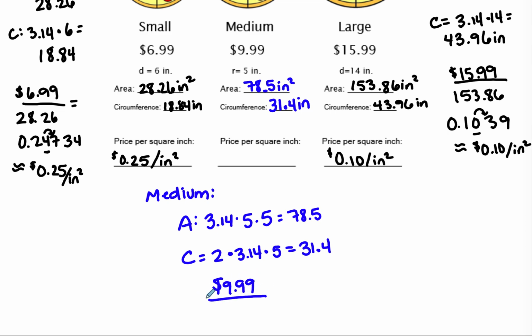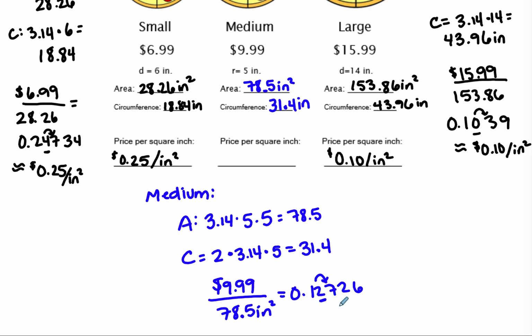Price per square inch: $9.99 divided by 78.5 inches squared. We get 0.12726. Let's round to the nearest cent. 2 is in the hundredths place.